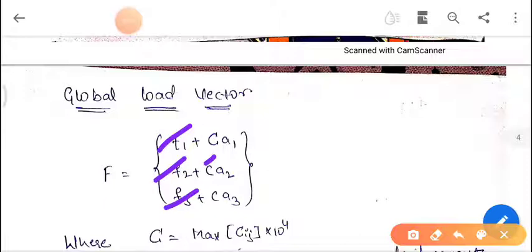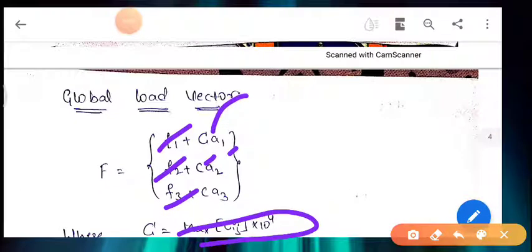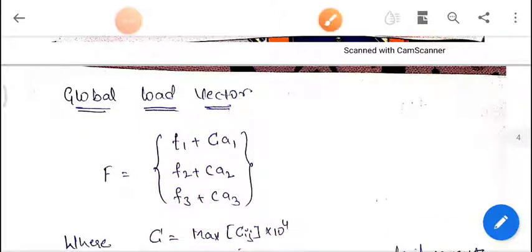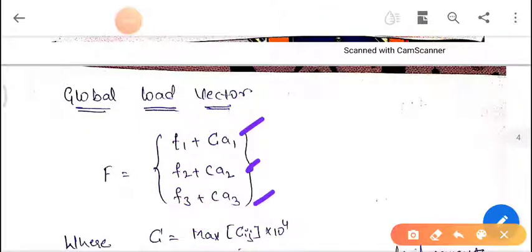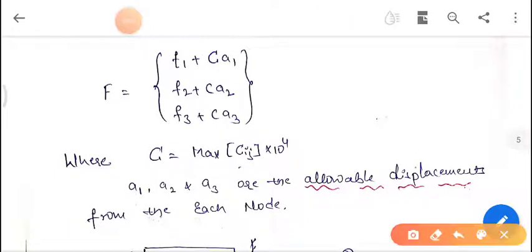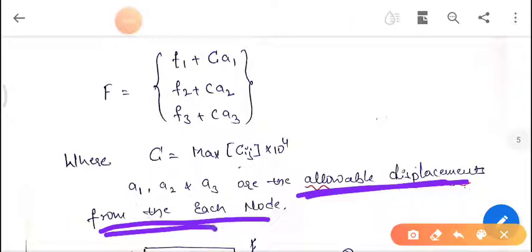C is nothing but maximum of Cij into 10 raised to 4, which we found just now. A1, A2, A3 are nothing but the allowable displacement at each node.